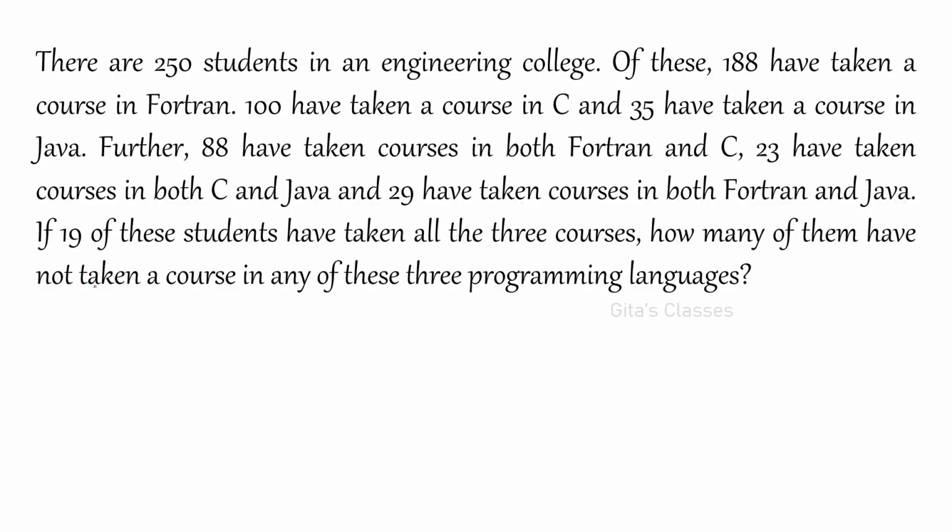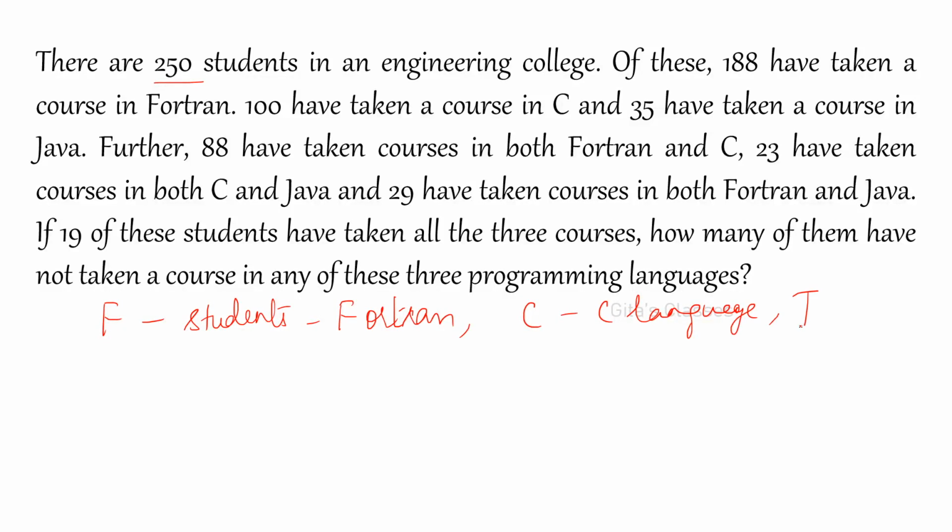Okay, let us write one by one. See here, the total number of students in the college is 250. Of these, 188 have taken a course in Fortran, that is cardinality of F. Let us assume F denotes the students who have taken Fortran, C for C language, and J for Java.